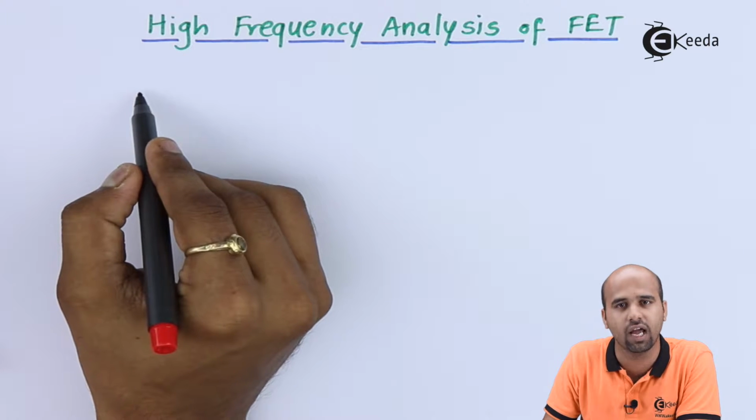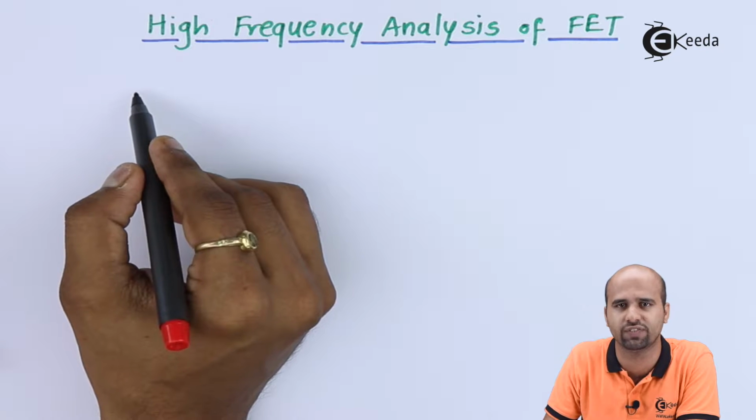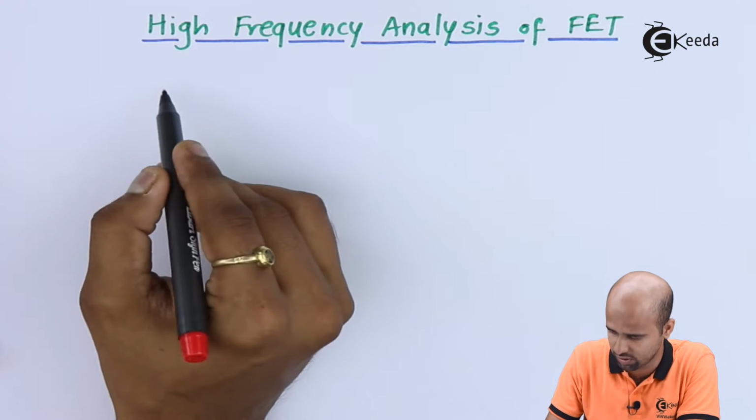Let us consider FET amplifier circuit with self-bias or voltage divider bias. Both can be possible.